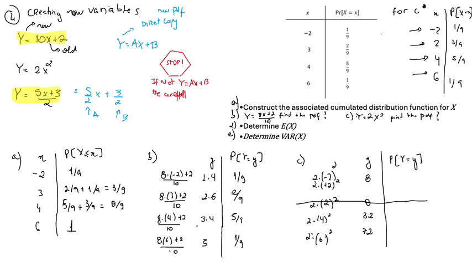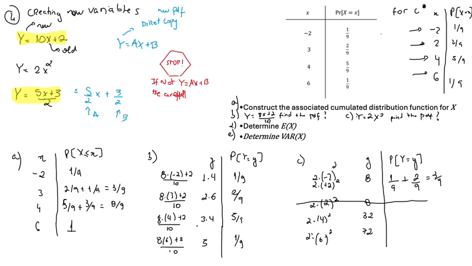So I have 2 paths that land me on the y value being 8, and I have to account for both of them. It's the probability of x taking on -2, which is 1/9, plus the probability of x being 2, which is 2/9. Okay? So that's why it cannot be a direct copy. There is ambiguity in the PDF.